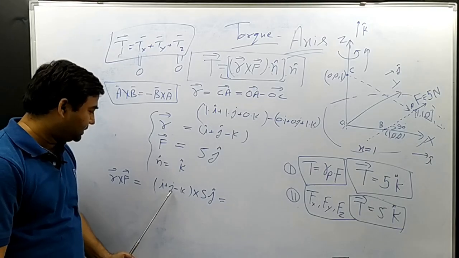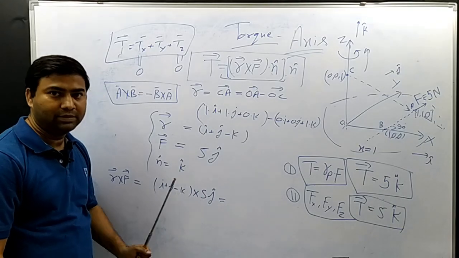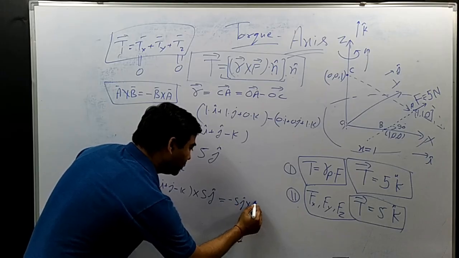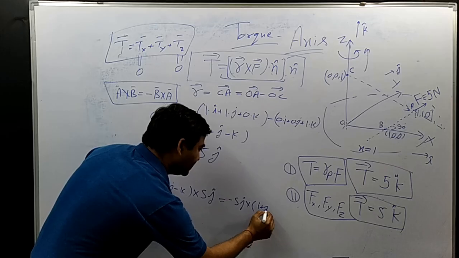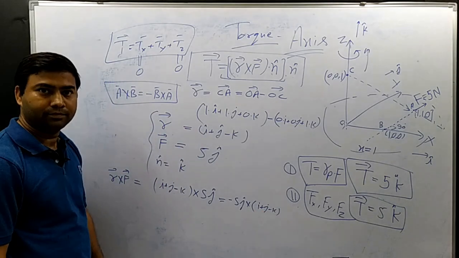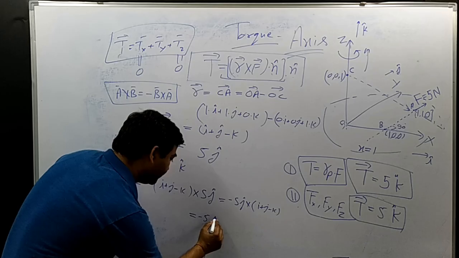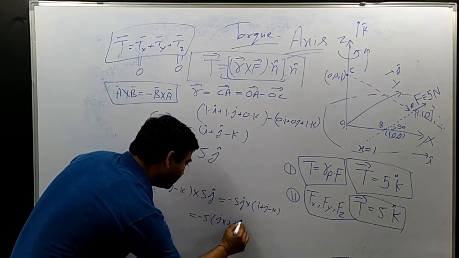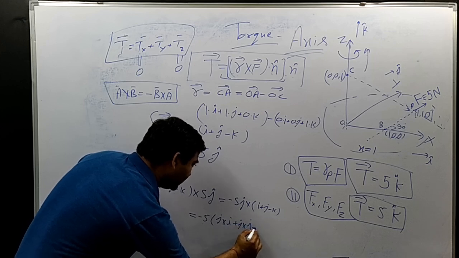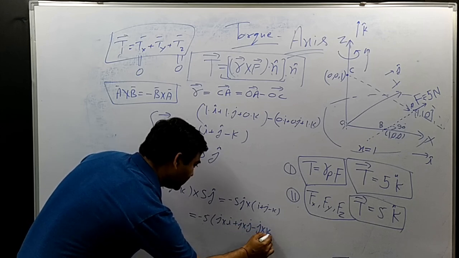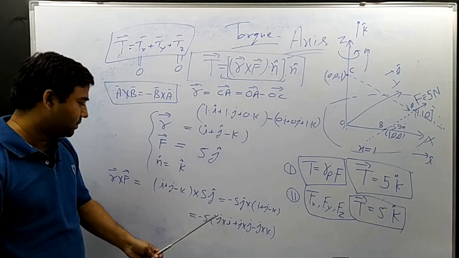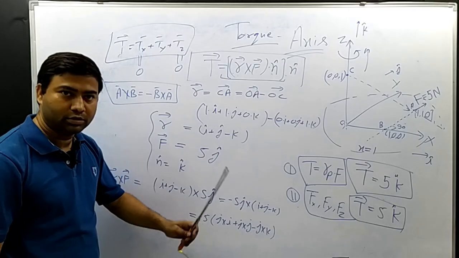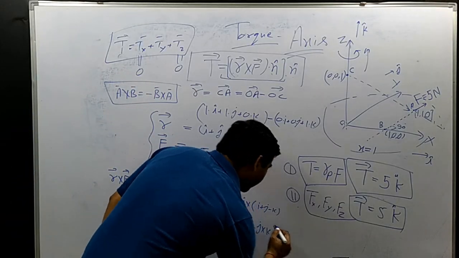So (i plus j minus k) cross 5j can be written as minus 5j cross (i plus j minus k). So this is minus 5 times (j cross i plus j cross j minus j cross k).